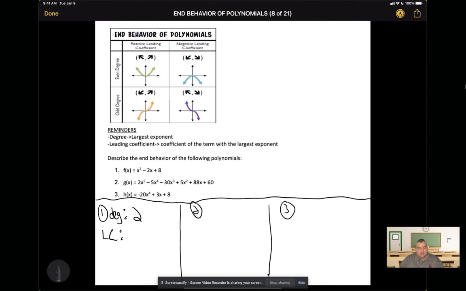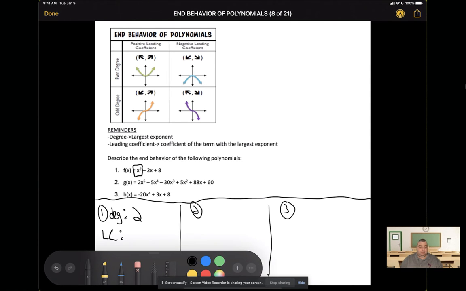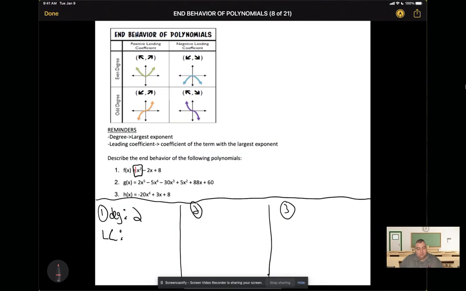And my leading coefficient is going to be the coefficient of that term. Whatever term contains the largest exponent, the coefficient of that term is what we call the leading coefficient. In this case, this is a 1x squared, so the leading coefficient is 1.